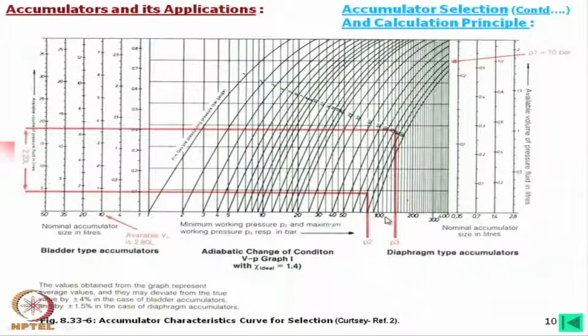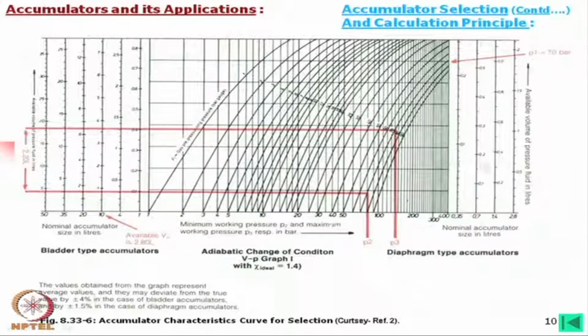Say we assume this is 150, say 140, 70 to 140 we are working. Within this pressure range and this flow range, these are the applicable areas. All our calculation and estimation will be within this region, and here is the average volume of fluid in liters.